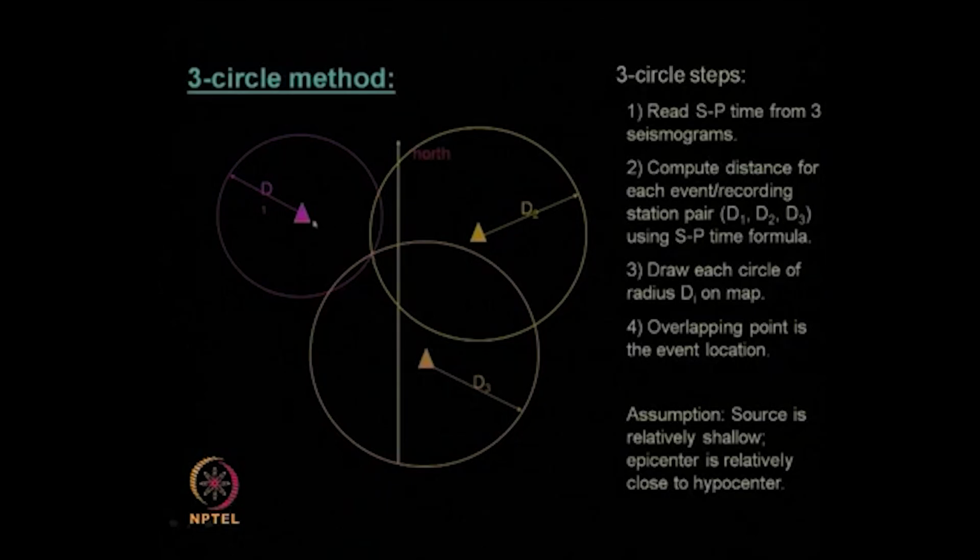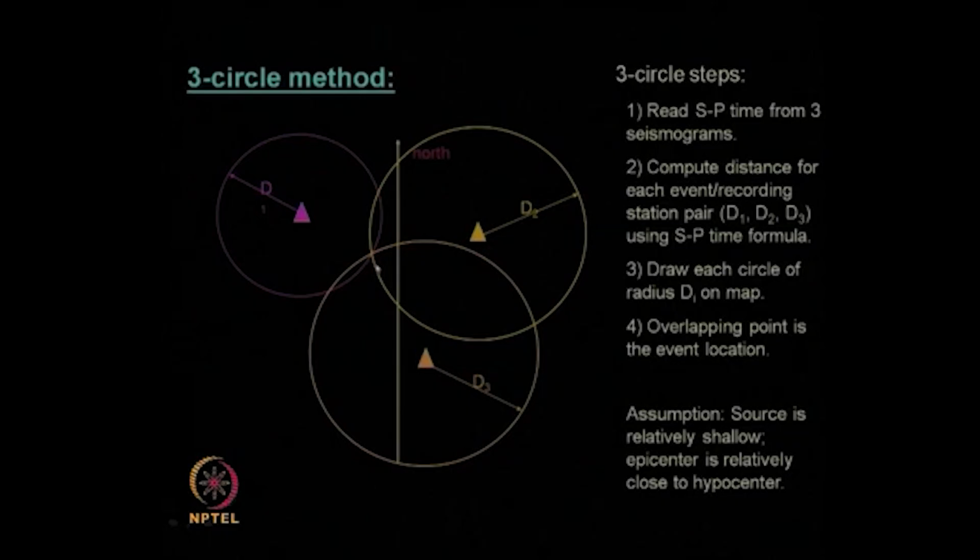But if the seismograph stations are located a little far apart, and the earthquake may not be shallow, it may be an intermediate earthquake, or if there is a problem in recording seismic station data, you may not converge to a single point; you may converge to a small area.